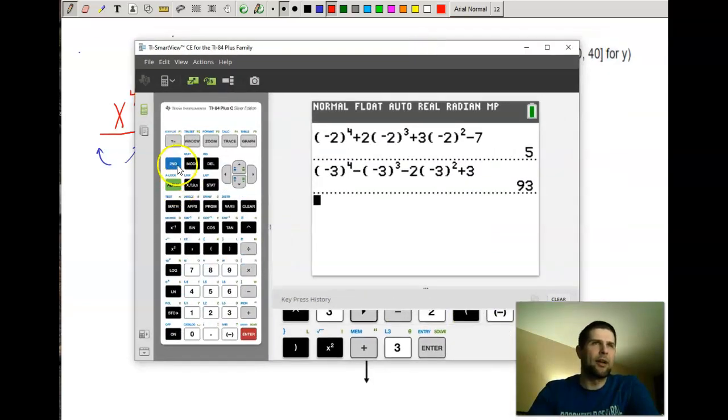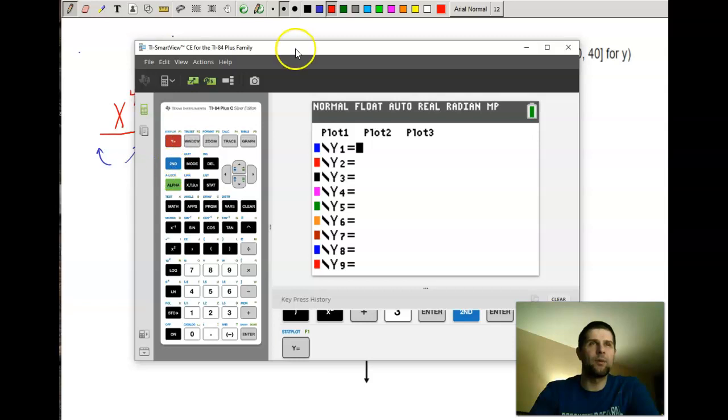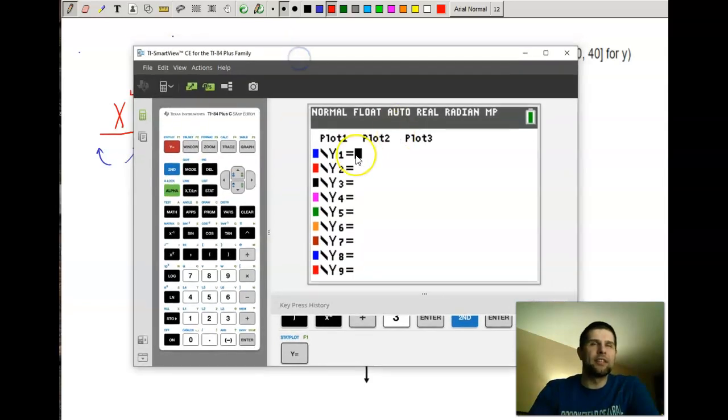With your calculator, you could type in second, enter, get the same thing, and now just type in -2, and then -1, and so forth. We also can just plug in that function. If you go to your calculator and click on the y equals button, we can type in the function completely.